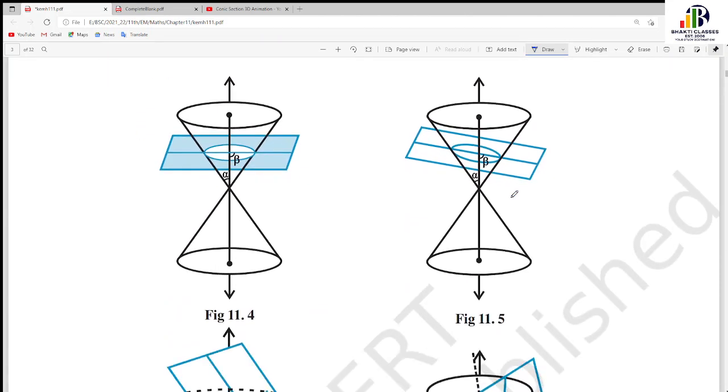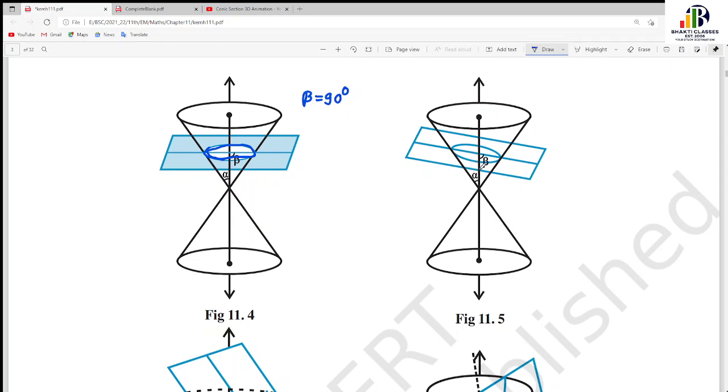See, in the first case, beta is 90 degree. That is the angle of the plane and the axis of rotation is 90 degree. Then we are getting a circle. The conic section is a circle.